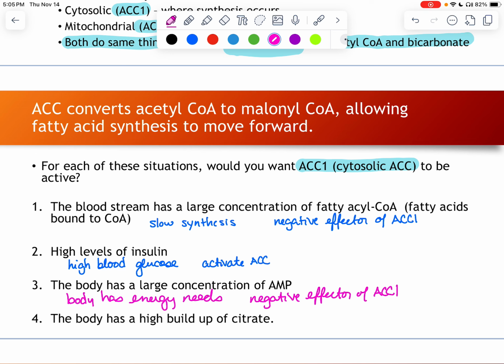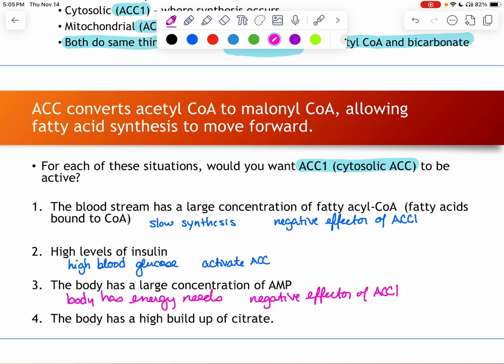All right, it has a high buildup of citrate. So citrate, if you remember, in the citric acid cycle, our oxaloacetate and acetyl-CoA combined to make citrate. And then if we didn't need energy, we didn't need the ketone bodies, that citrate gets ported out into the cytosol and can be made into these fatty acids.